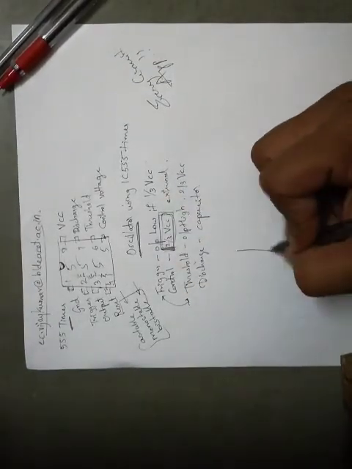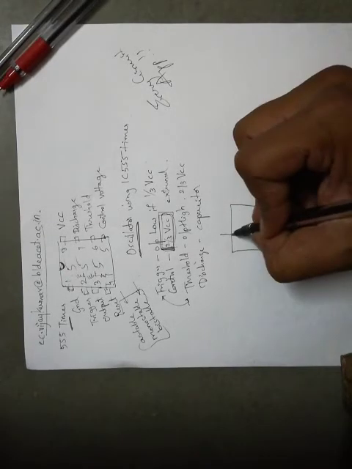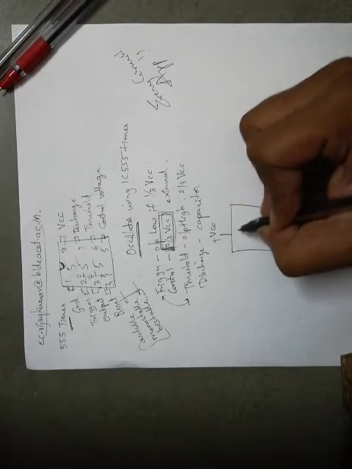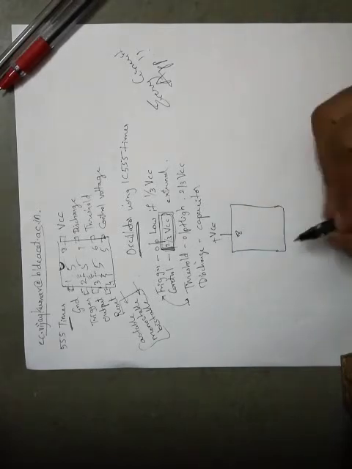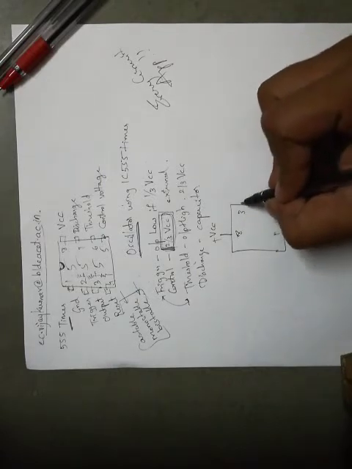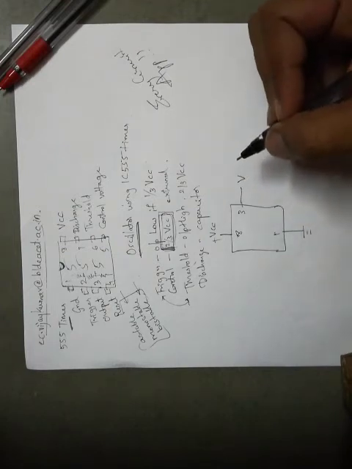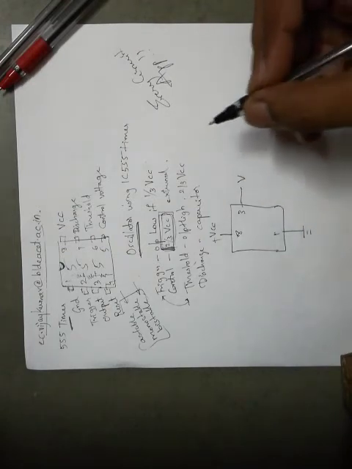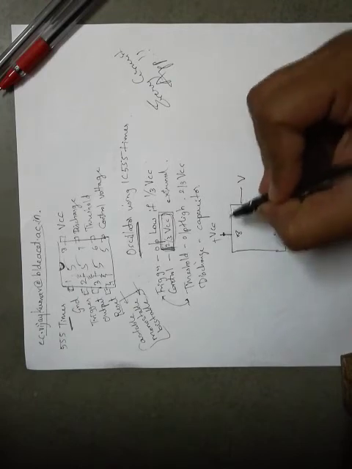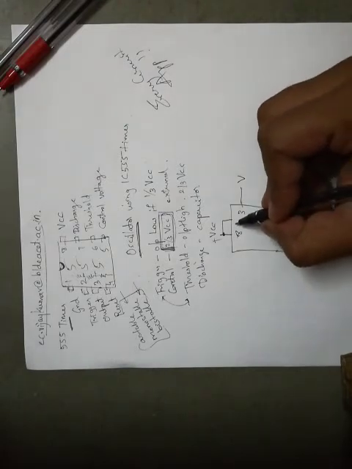How to design: the major part is keeping VCC on the 8th pin and ground on the first pin. Next, on 3, we are going to get the output voltage. A reset pin, if it is made 0, the timer will reset, so we don't want that to happen.